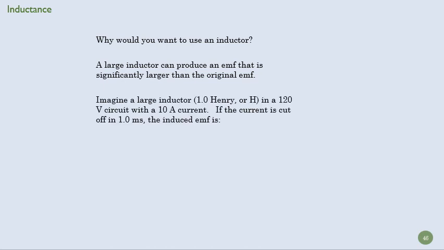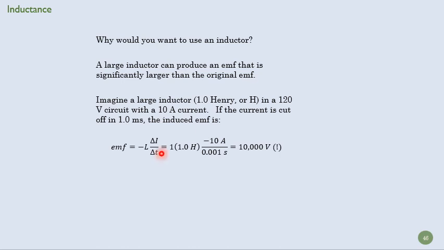Let's do that math quick to see that that's true. If I have a large inductor in a 120 volt circuit, and I suddenly cut off a 10 amp current in a thousandth of a second, then what happens?